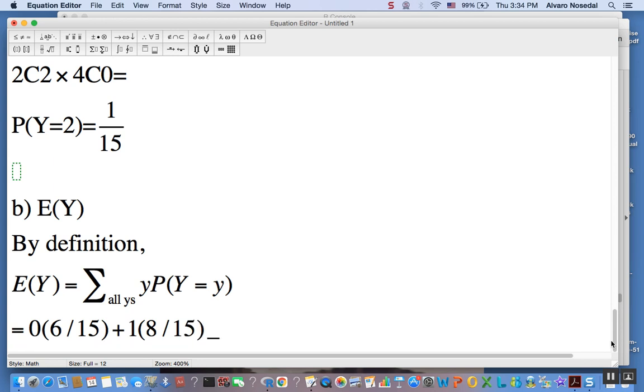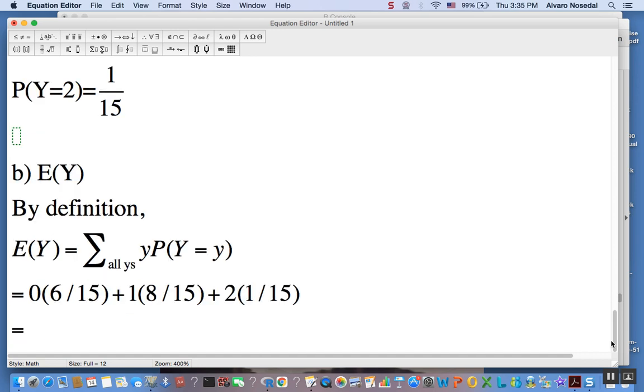And finally, we could have 2 with probability 1/15. So clearly this is just 10 divided by 15, which equals 2 divided by 3. So roughly 0.6666. Okay.